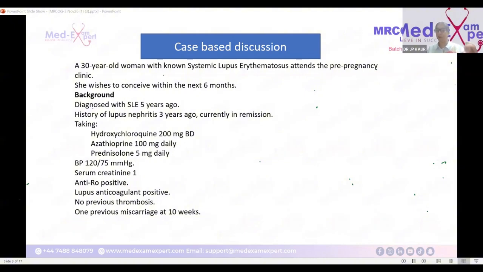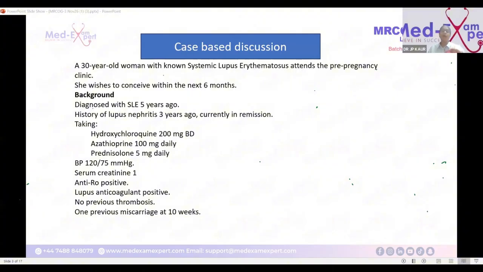But I will put her in touch with a rheumatologist as soon as possible, so that if any medicine needs to be added, removed, or dose adjusted, they will do it. These lines you have to speak.